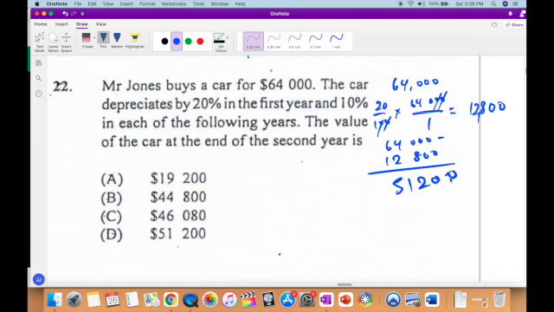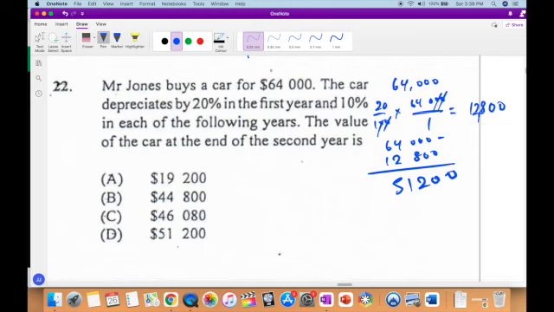So you notice how I did it in my mind, mental math. 60 minus 10 is 50, then 4 minus 2 is 2,000, so that's 52,000. Then I minus the 800 to give me 51,200, the price after the first year.